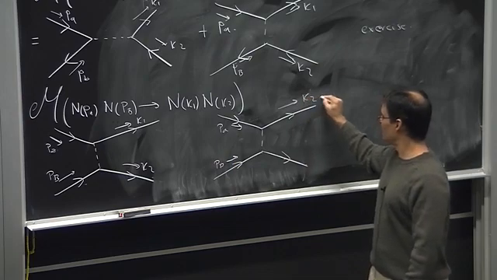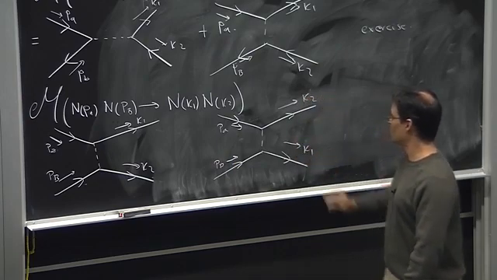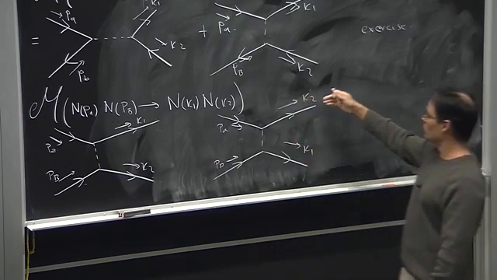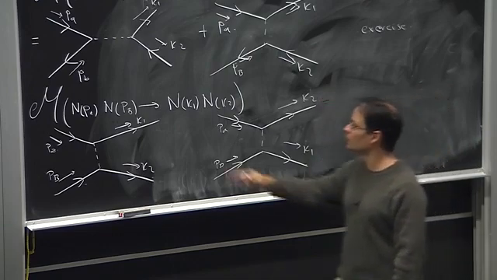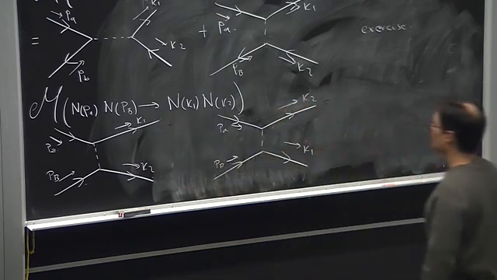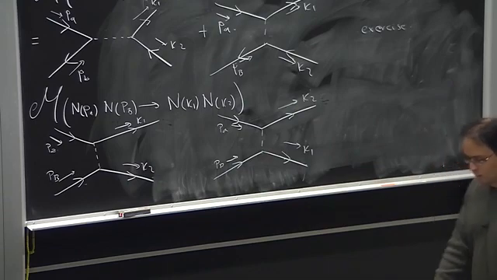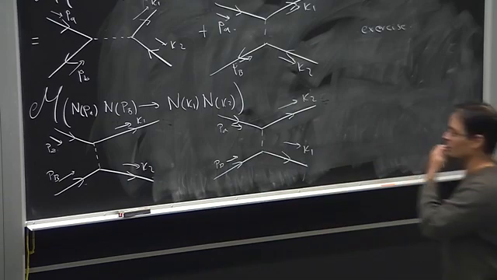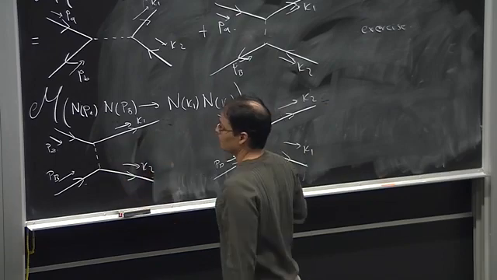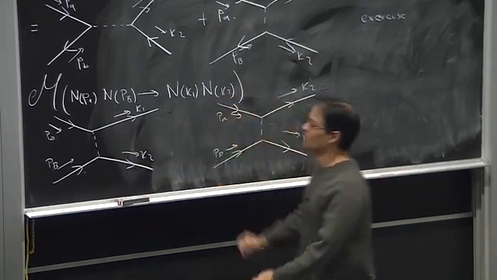But here we can now have K2 and K1. So we can have nucleon 2 here and nucleon 1 here, nucleon 1 and nucleon 2. So let me compute the first one for you. This is going to be the first example of actually computing Feynman diagrams that contain fermions.